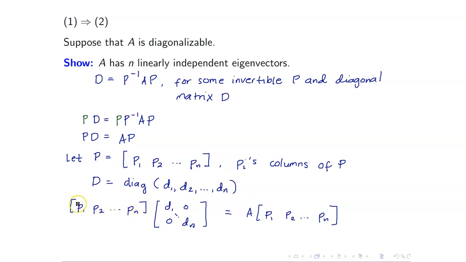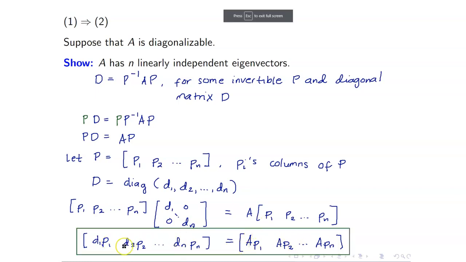If you multiply a matrix with a diagonal matrix, the columns of this product will just be equal to a scalar multiple of your columns here. This one would be d1 P1, d2 P2, up to dn Pn, and this is equal to AP1, AP2, up to APn.